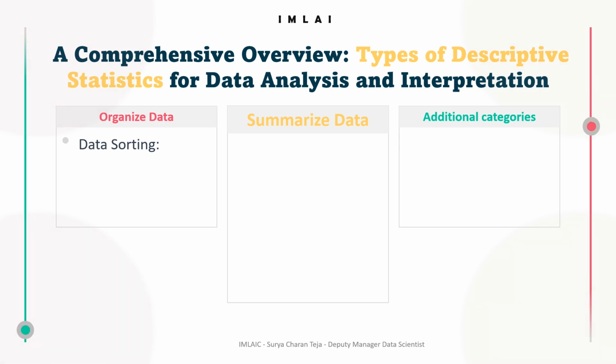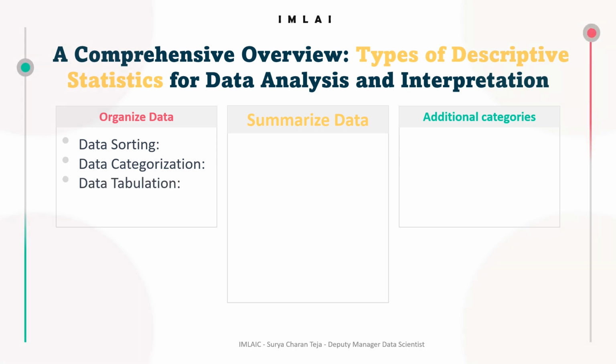Data sorting, arranging data in a specific order, such as ascending or descending order based on a variable or attribute. Second one, data categorization. Grouping data into categories or classes based on a particular attribute or variable, such as creating bins or categories for continuous data.